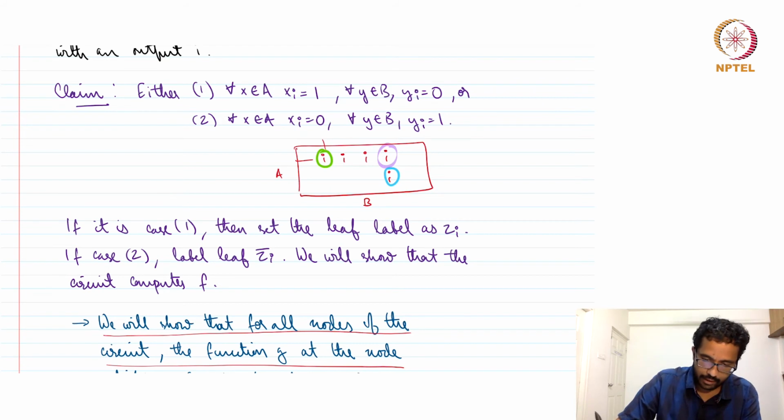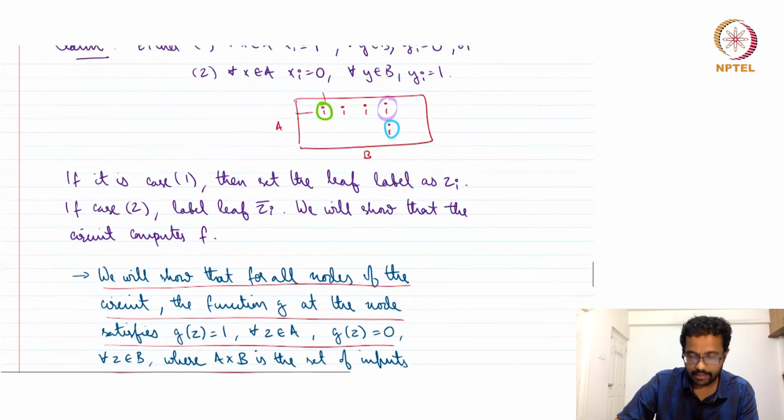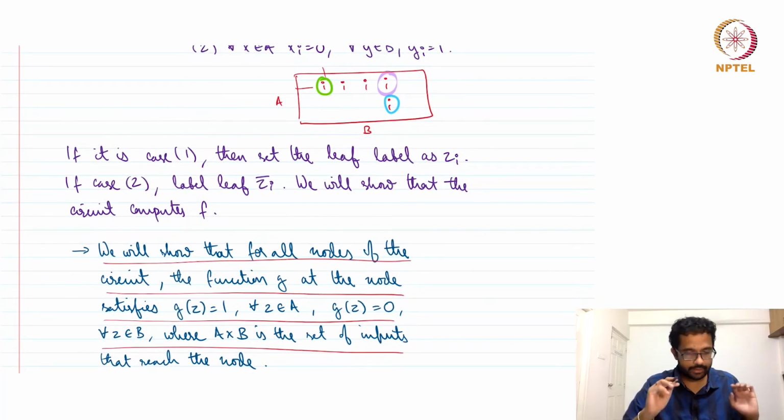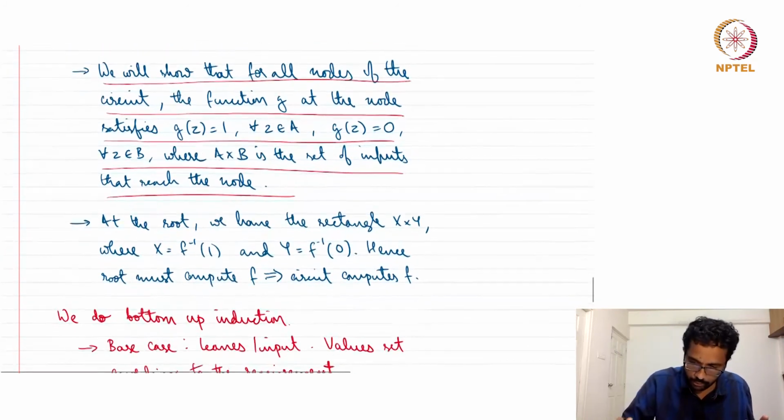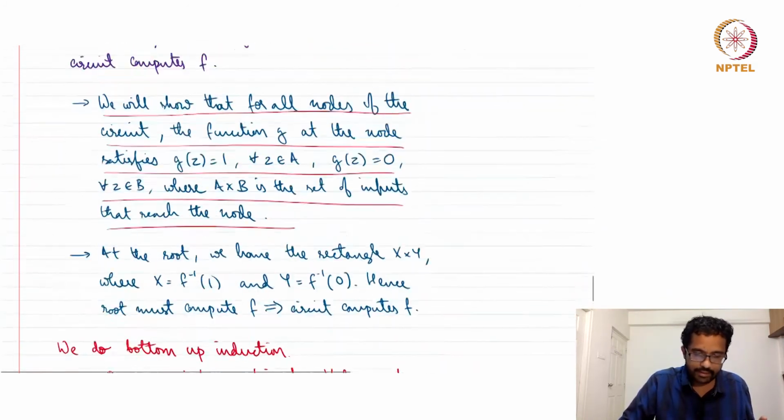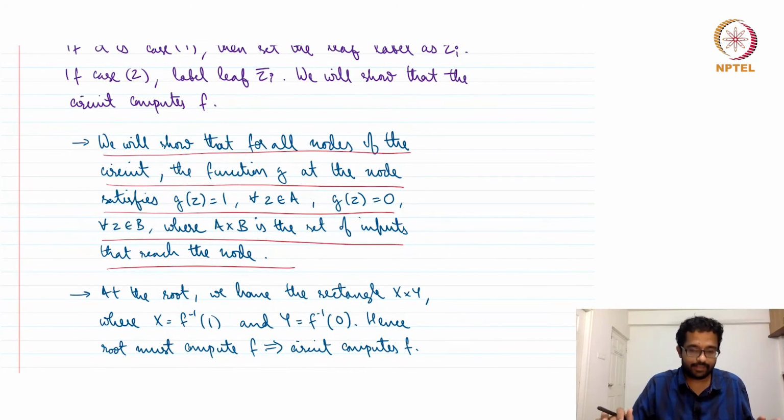And if it is the second case, then we label the leaf z_i complement. So we have described how to construct the circuit. We have replaced Alice speaking places with OR gates, Bob speaking places with AND gates, and we have also explained how to label the leaves. Now all that remains is to show that this circuit is a valid circuit for the function.